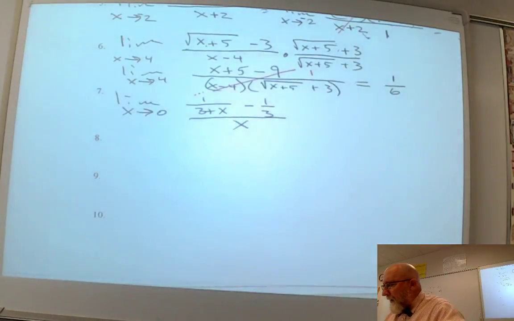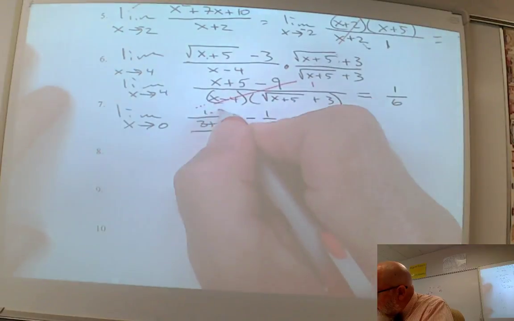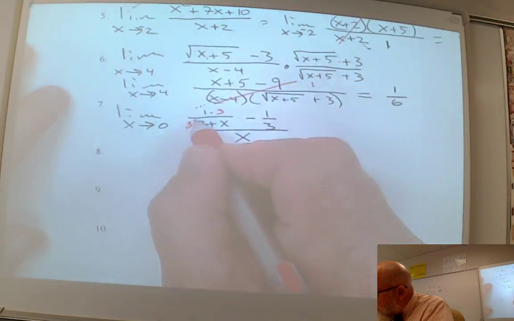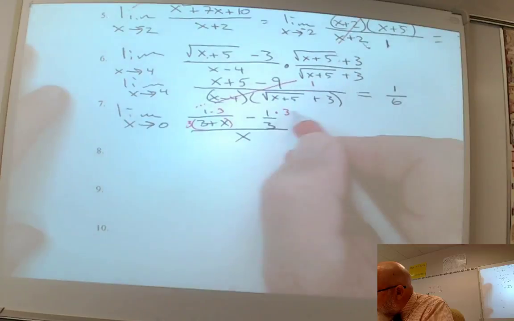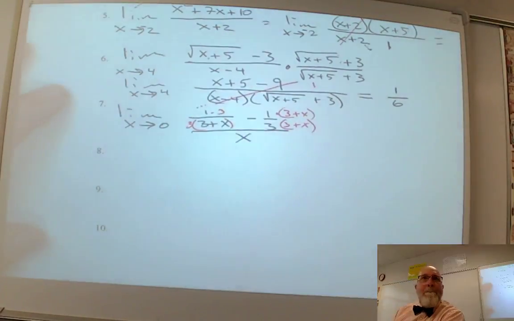The common denominator: I'm going to multiply this side by 3 and this side by 3 plus x. Do you see that?